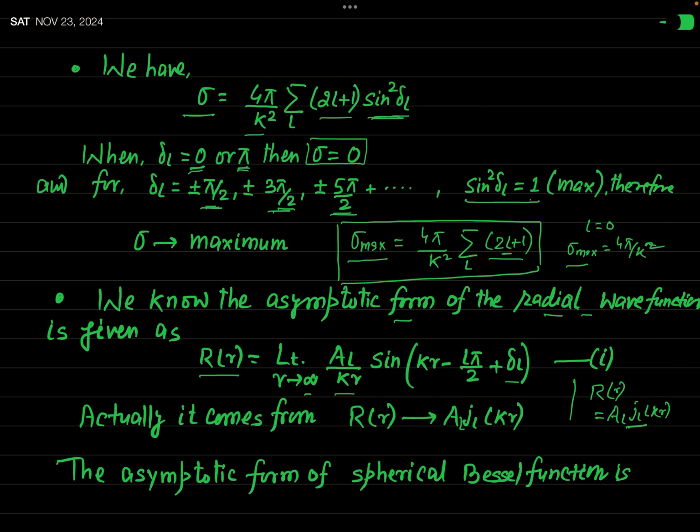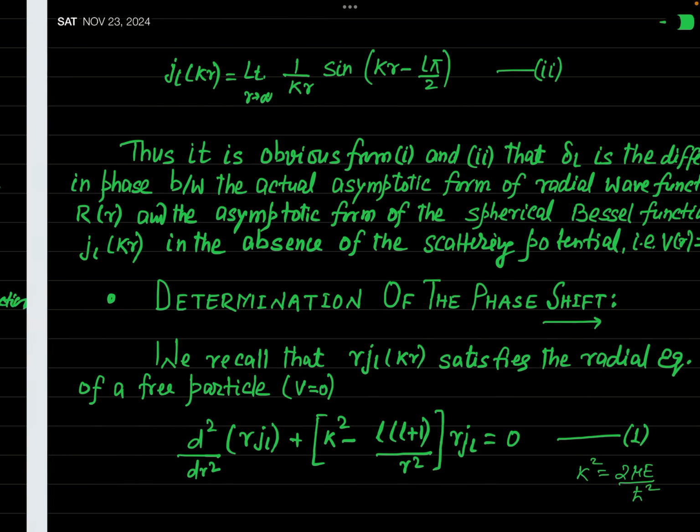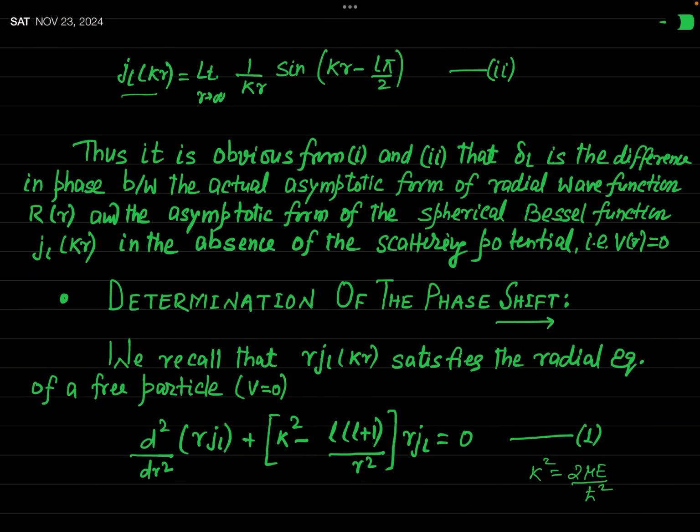So from this relation, by taking the asymptotic form of j L of k r, you can find the asymptotic form of R of r. The asymptotic form of j L of k r is 1 over k r, sine of k r minus L pi by 2, and this is actually the phase constant. So the asymptotic form of the spherical Bessel function j L of k r is defined like this.